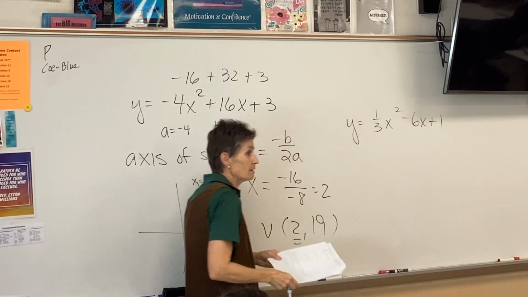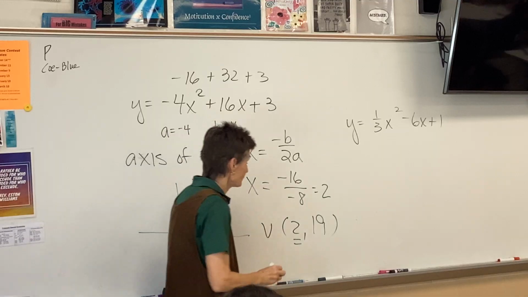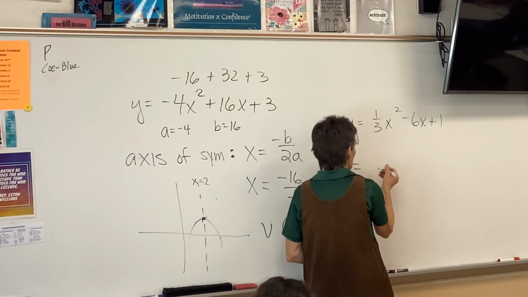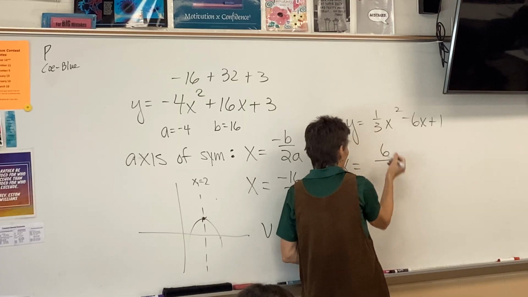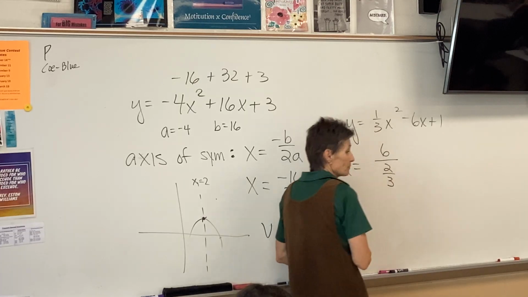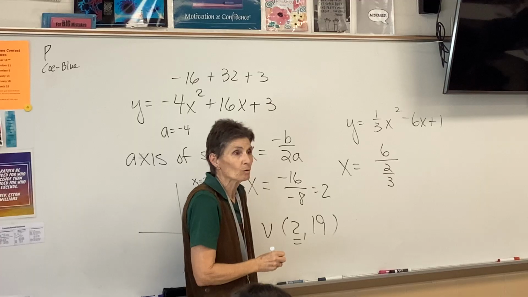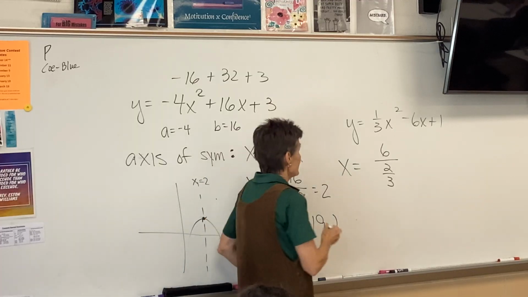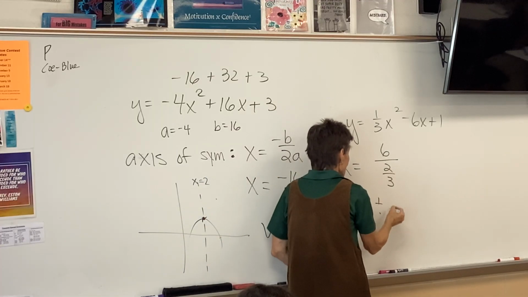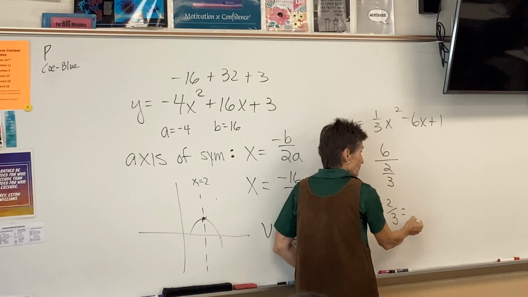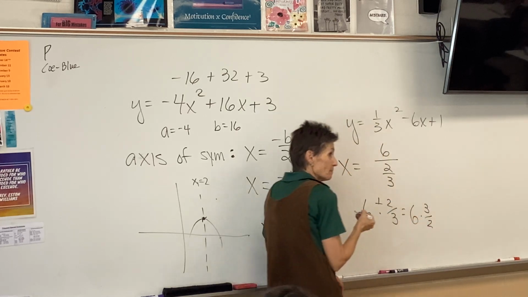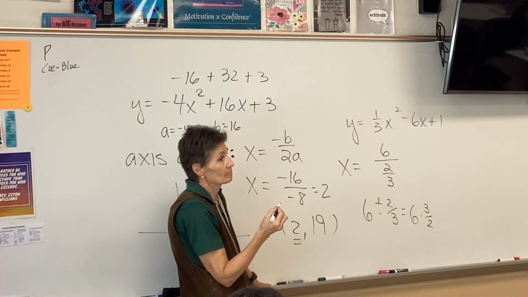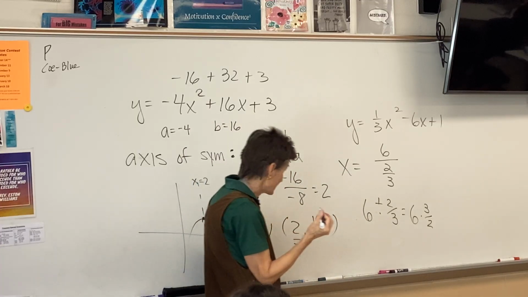So we're using the formula. So x equals negative b over 2a. We are grown-ups, we can deal with this. 6 divided by 2/3 is 6 times 3 halves, which is 9.